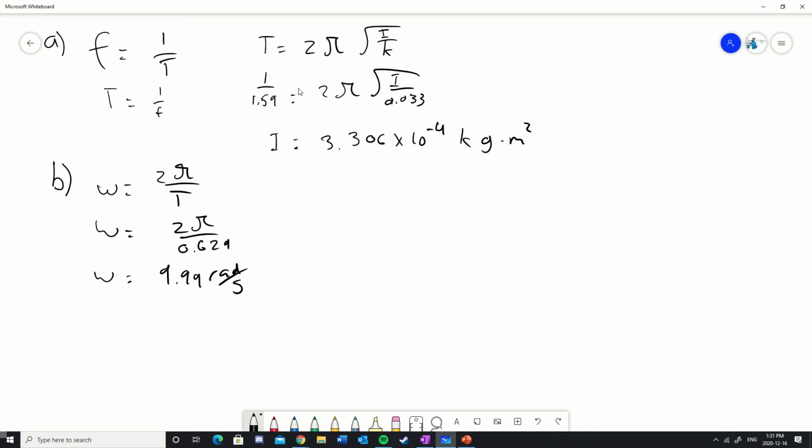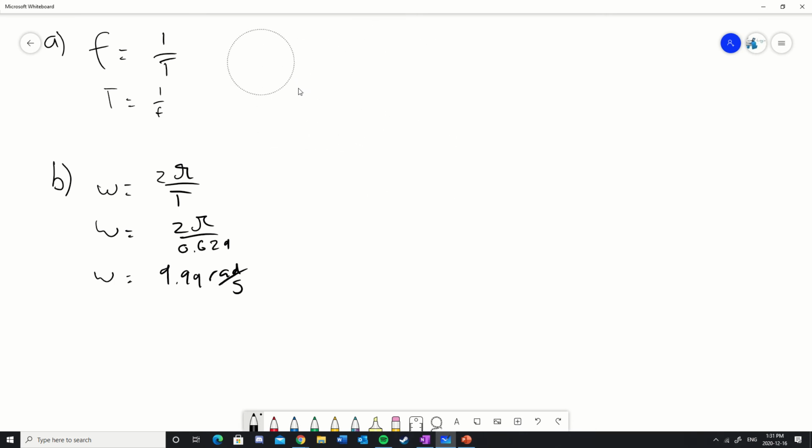Now we've got to find a way to, and just bear with me here, I'm going to erase this stuff to make room. We've got to find a way to model this here. This is the equation we can use to model just about everything that we need.